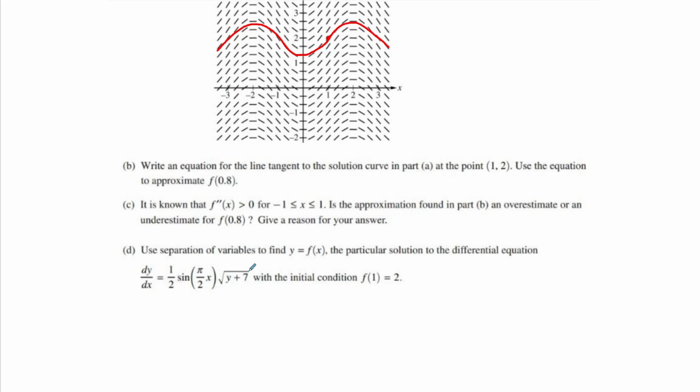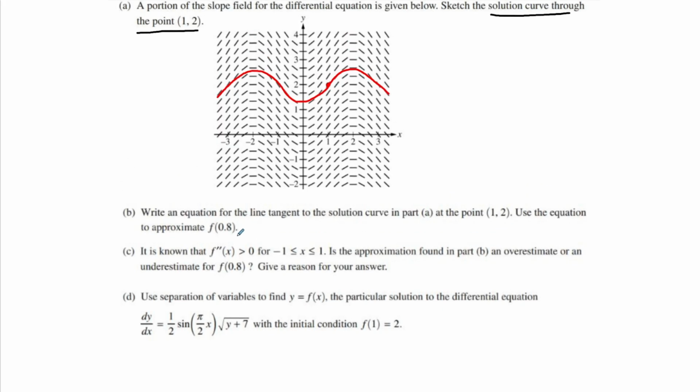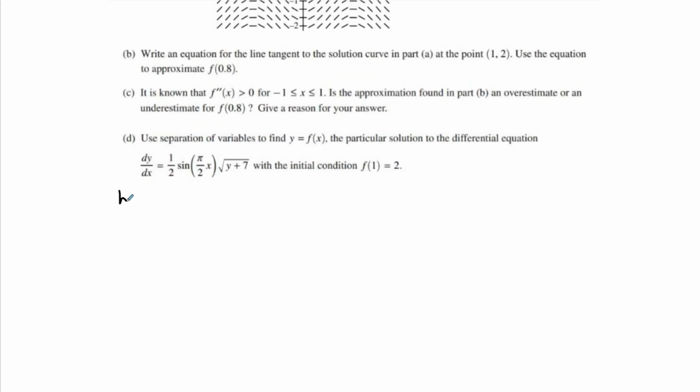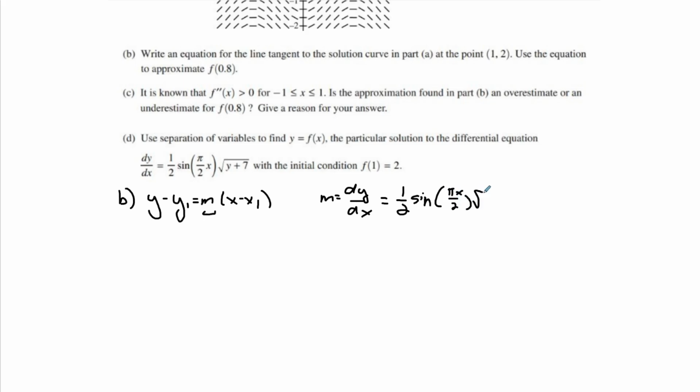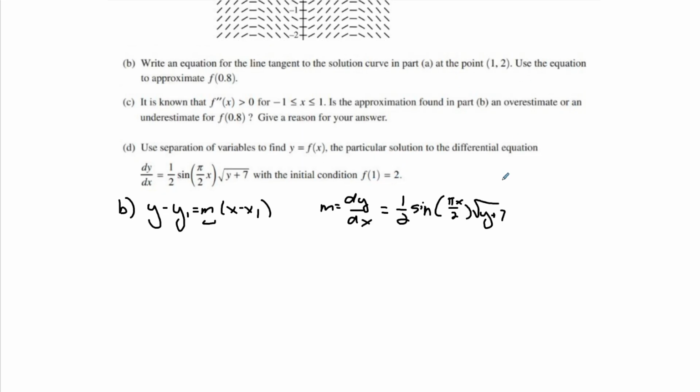Then part B says, write an equation for the line tangent to the solution curve in part A at the point (1, 2). Use the equation to approximate f of 0.8. So for B, we're going to be using linearization. So we're going to say y minus y1 equals m times x minus x1. What is our m? Remember that m equals dy/dx. So if dy/dx equals 1/2 sine of pi x over 2 times the square root of y plus 7, then we can plug in our point (1, 2).